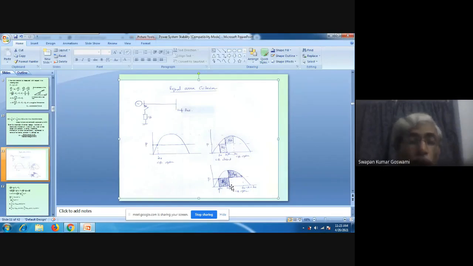Will the generator be able to restore the synchronous speed again? If A3 is allowed to become somewhat larger, will it be possible to obtain this area A4, where the energy will be extracted, so that A4 becomes equal to A3? Will it be possible again?